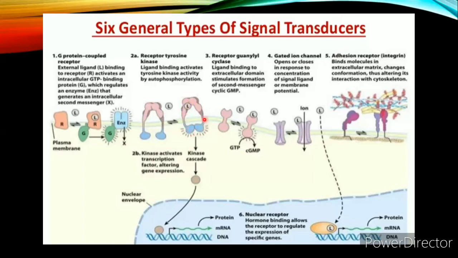This receptor with tyrosine kinase activity catalyzes the phosphorylation of the tyrosine residue in the specific intracellular target protein.